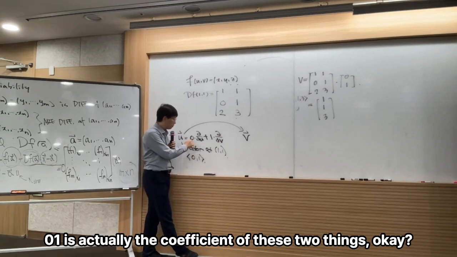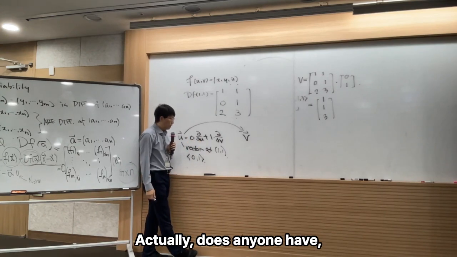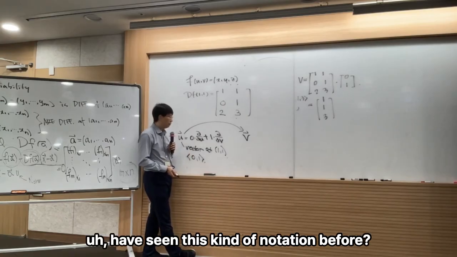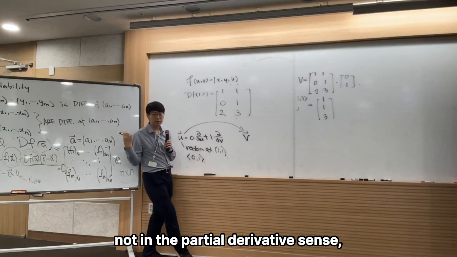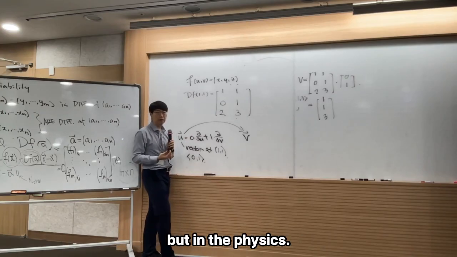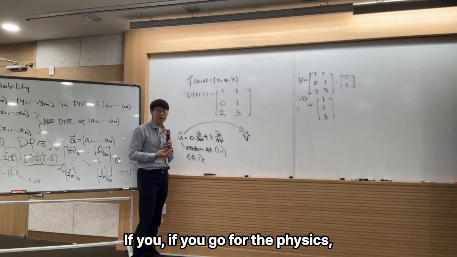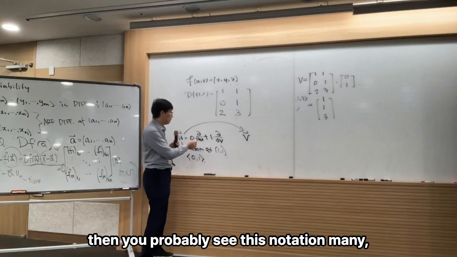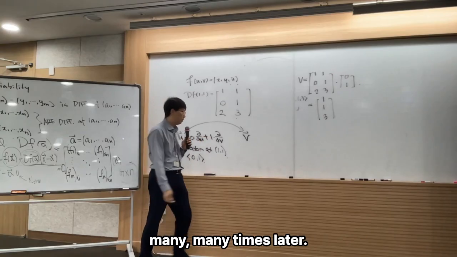Okay, 0, 1 are actually the coefficients of these two things. Actually, has anyone seen this kind of notation before? Not in the partial derivative sense, but in physics. If you go into physics, then you will probably see this notation many times later.